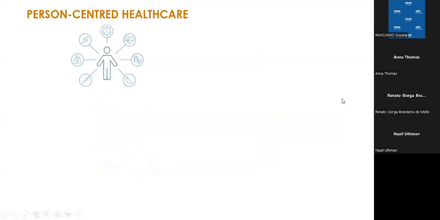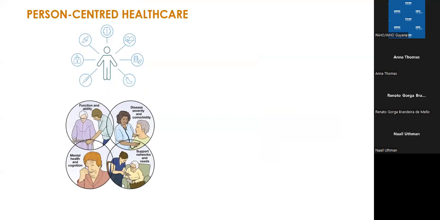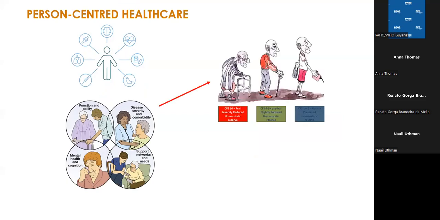Again, person-centered healthcare. Remember this. You have to check function and abilities, mental health and cognition, disease severity and comorbidities, and the support network and needs of a patient before deciding. Again, here are our fellows, the robust fellow, the pre-frail fellow, and the frail fellow.